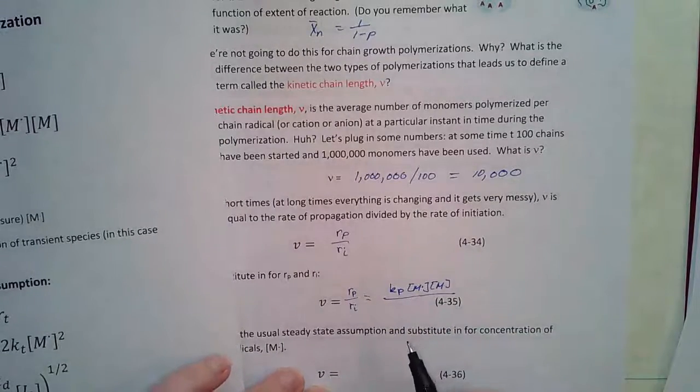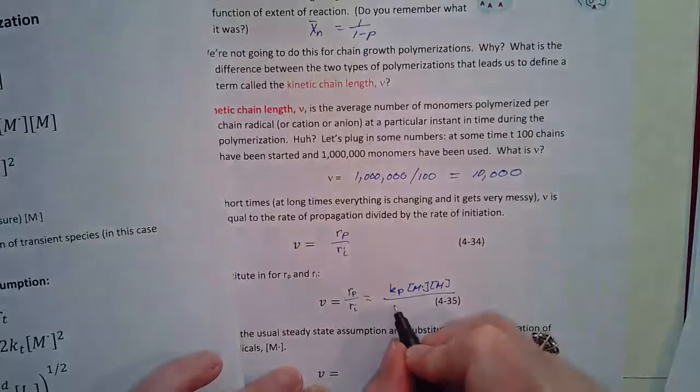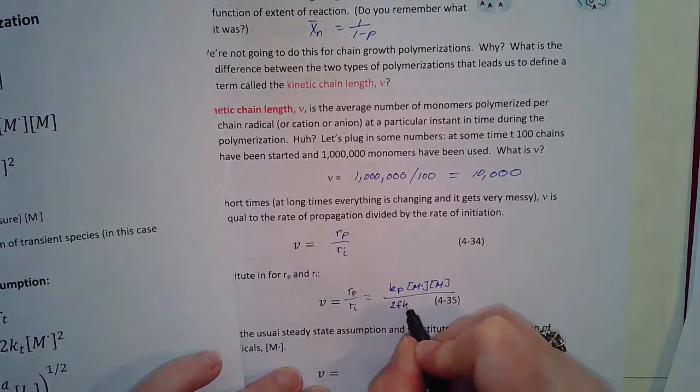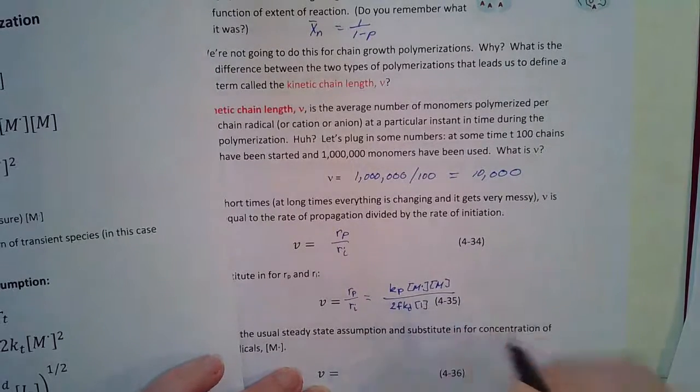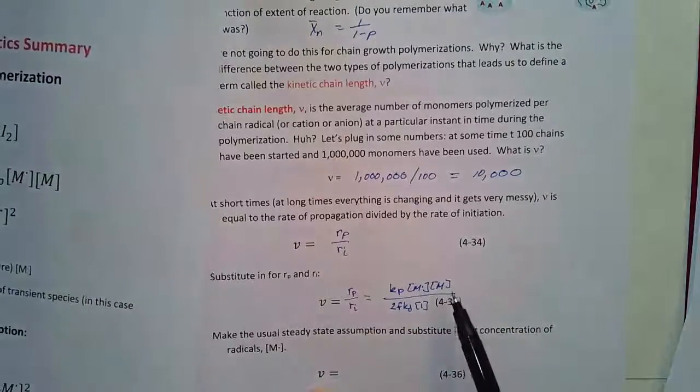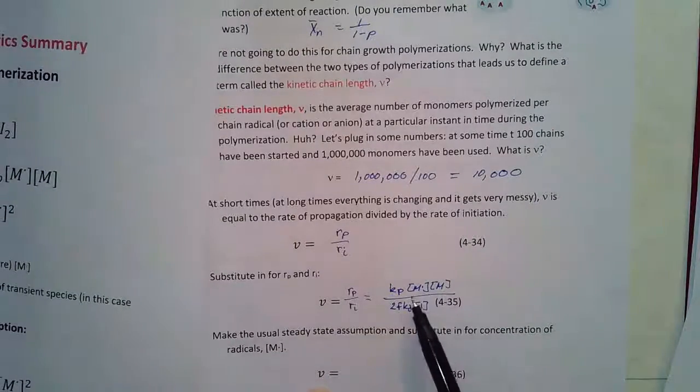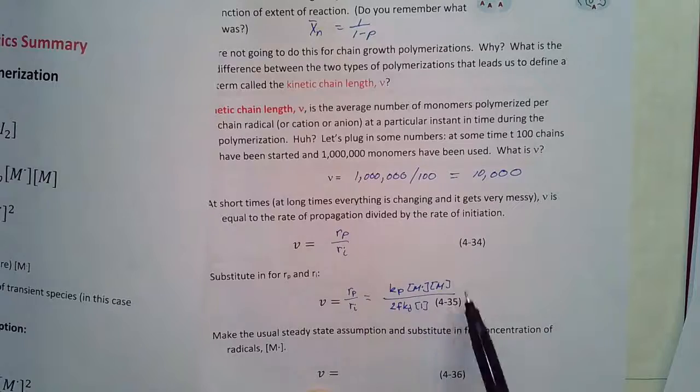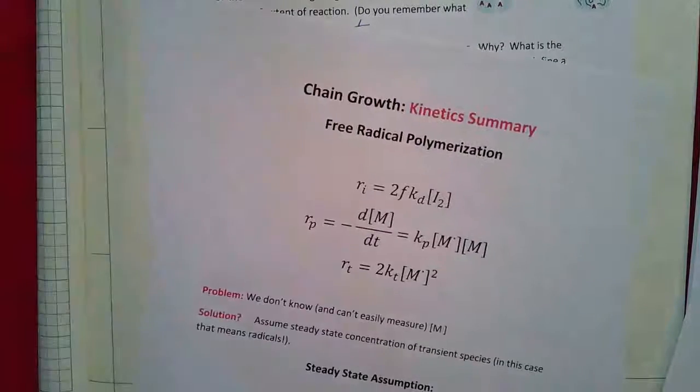Again, this is just for the free radical. And then we have Ri, which is 2f kd times the initiator concentration. If we had an anionic or a cationic polymerization, we just use those rate laws instead of the ones for free radical.